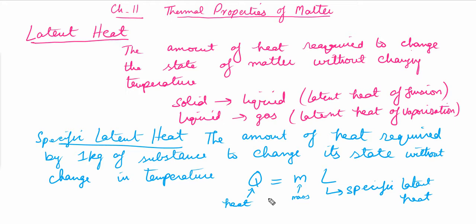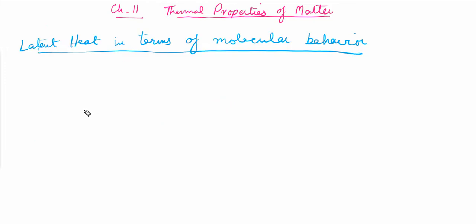Alright, now we will discuss what happens to the molecules when they're changing their state. So when they're going from solid to liquid or from liquid to gas, we will discuss the latent heat at the molecular level. Alright, so latent heat in terms of molecular behavior. So let's suppose this is solid, where the molecules are very close to each other.